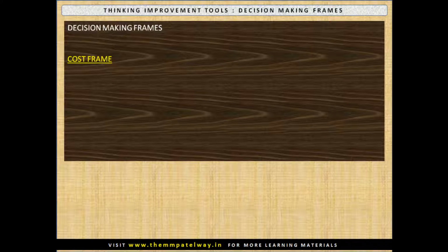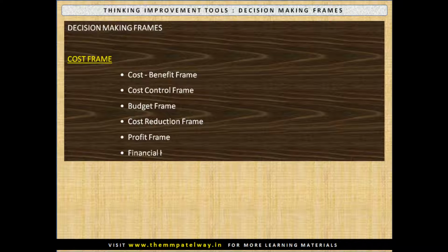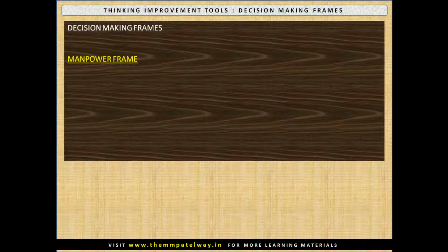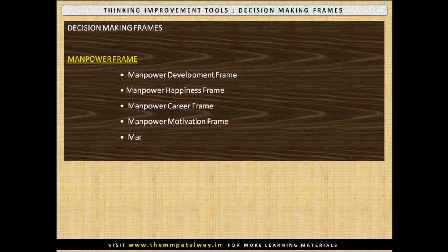Cost frame. Cost benefit, cost control, budget, cost reduction, profit and financial health frames. Manpower frame. Manpower development, manpower happiness, career, motivation, involvement and loyalty and integrity frame.